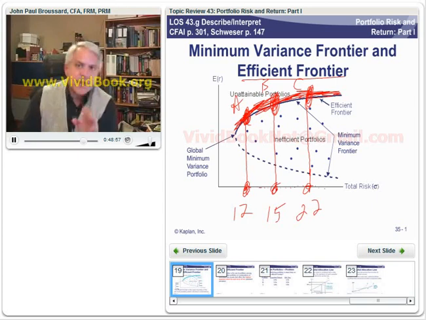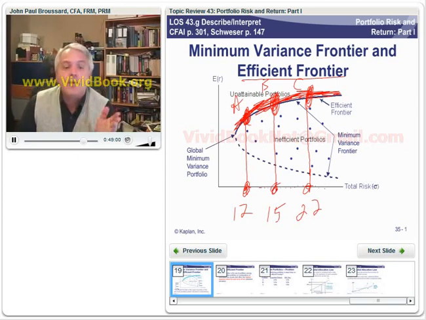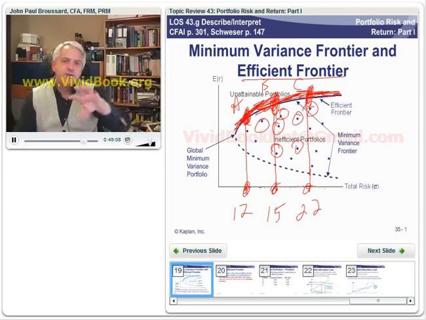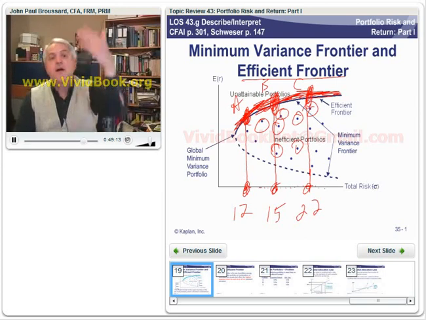So that's efficient, and they dominate all others, meaning the portfolios within the frontier are inefficient, in that all we have to do is change how much we hold of those assets and we can get a higher level of return.